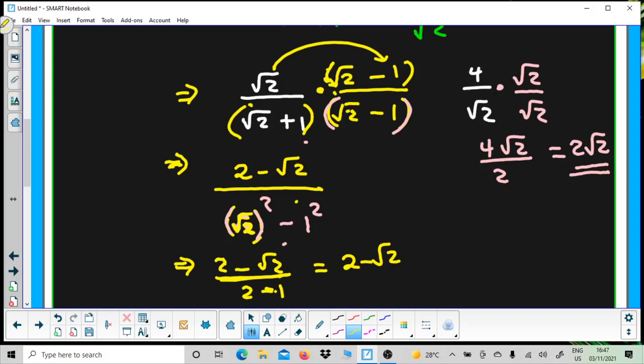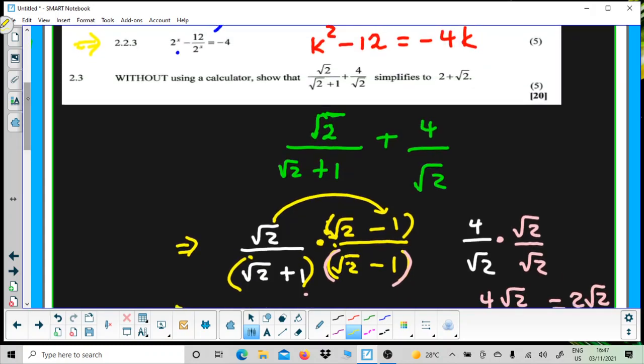Don't forget, these terms were adding initially. You remember? So if you remember, this first term, we simplified it to what? The first term. It was 2 minus root 2. And the second term, we simplified it to 2 root 2, like this. Are you seeing some like terms here?